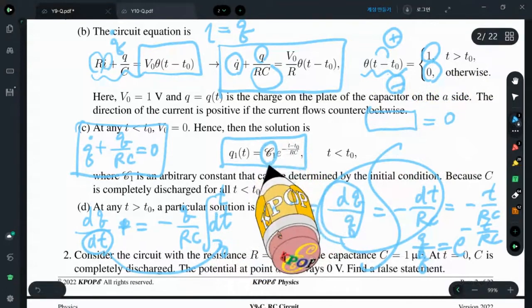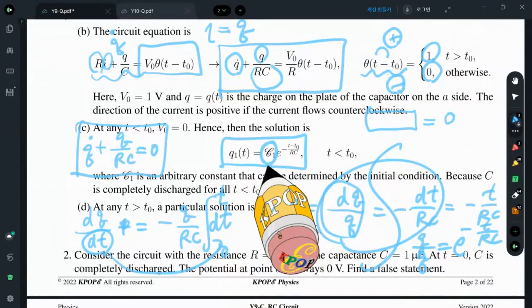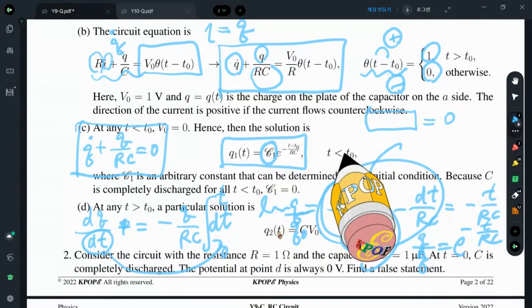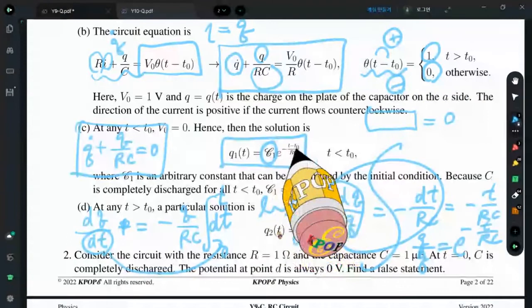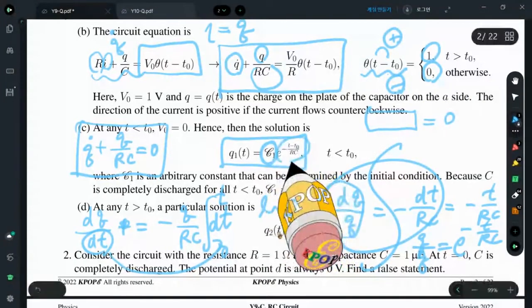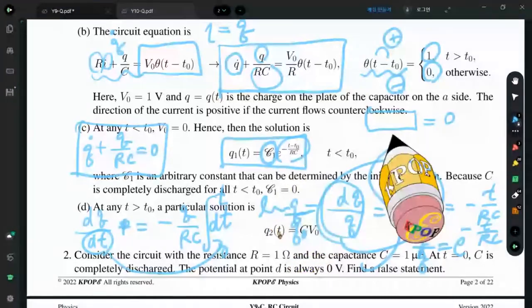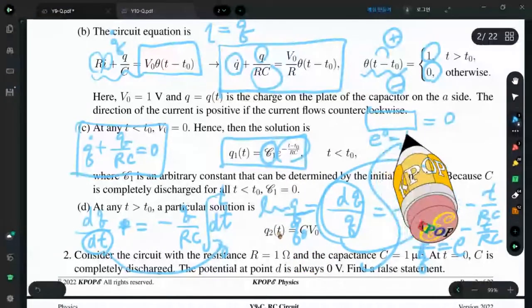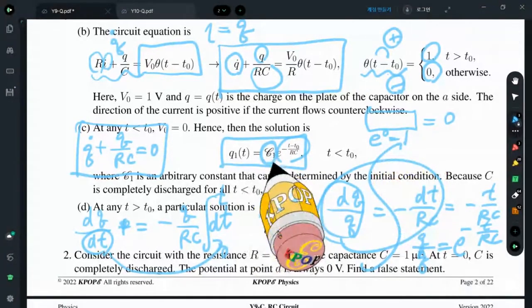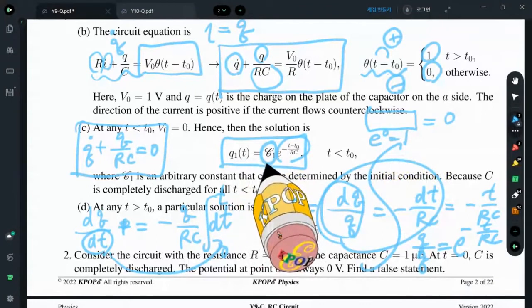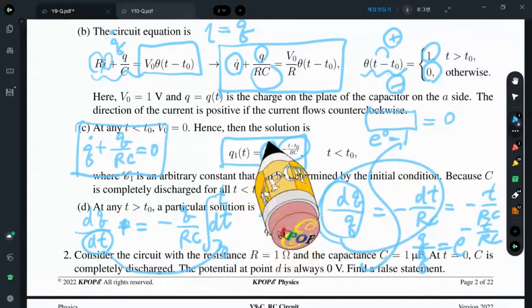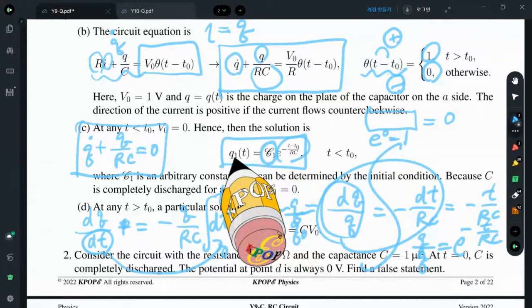And the coefficient is to be determined by using the initial condition. As we know, when we substitute t equals t0, the exponential becomes 1, because e to the 0 is 1. And we were told that the charge at t equals t0 was vanishing.